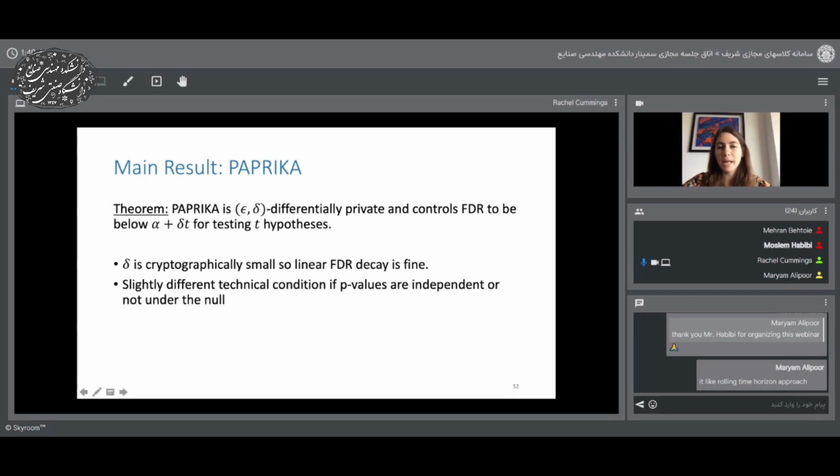You might be concerned about that. But recall the very beginning I told you that we want our deltas to be very, very small. Think of them as being cryptographically small. And so this is actually an okay term. Even if your t is large, delta t is still going to be very, very small. And we have slightly different technical conditions, depending on whether the p-values are independent or correlated.